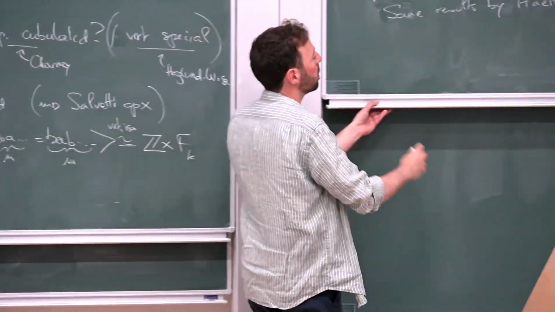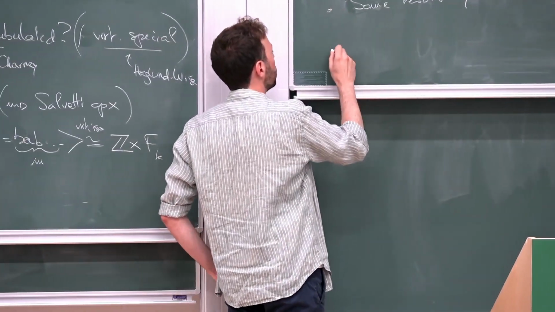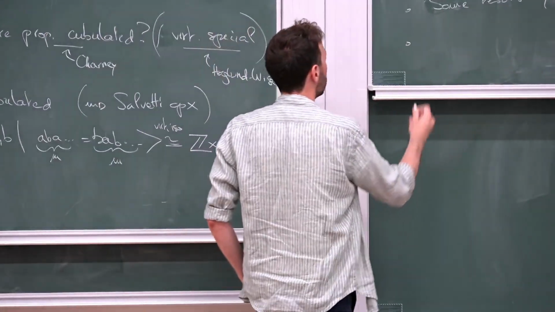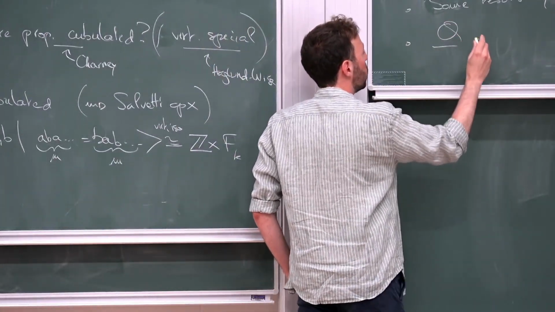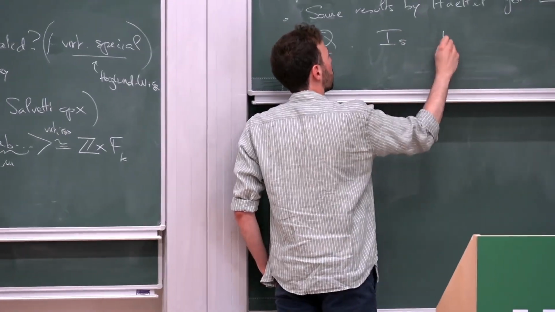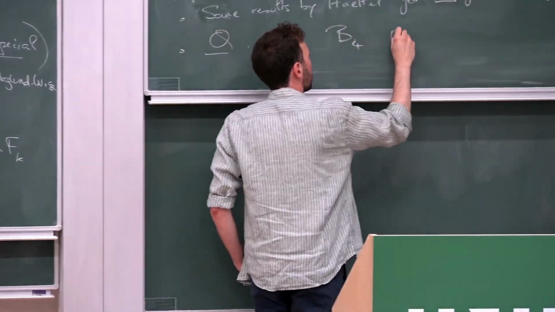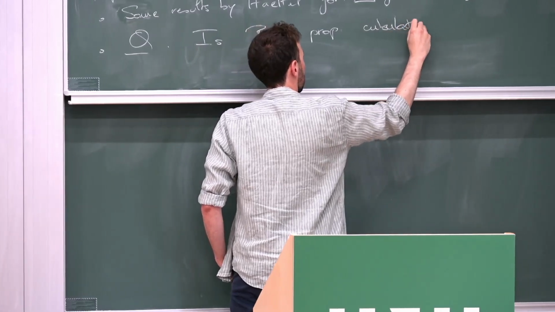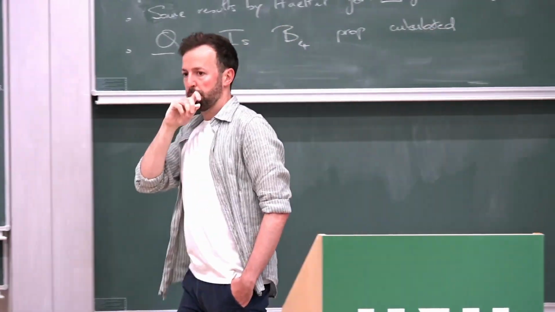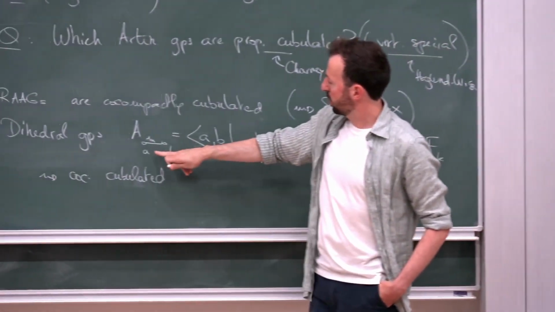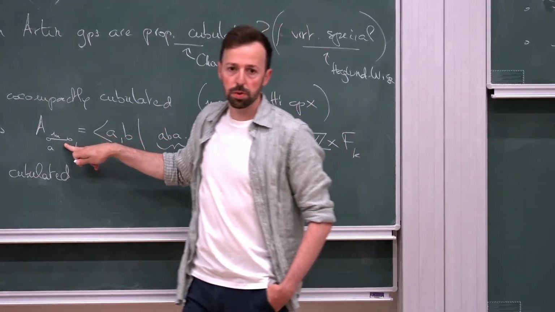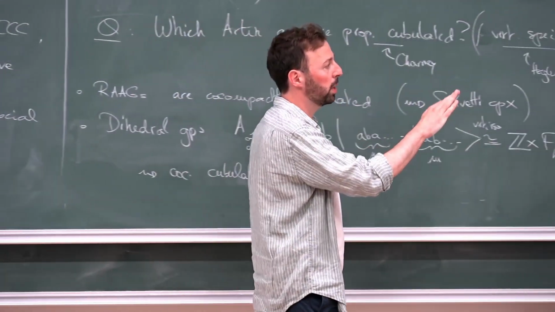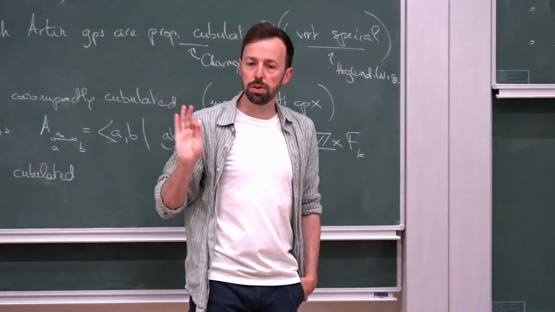But apart from that, not many examples are known. To give you an idea of how far we are from understanding proper cubulation, here's something that is still open: is the braid group B4 properly cubulated? That is still unknown. B3 is a dihedral Artin group for the label 3, so that one is properly and even co-compactly cubulated. But from n at least 4, nothing is known.